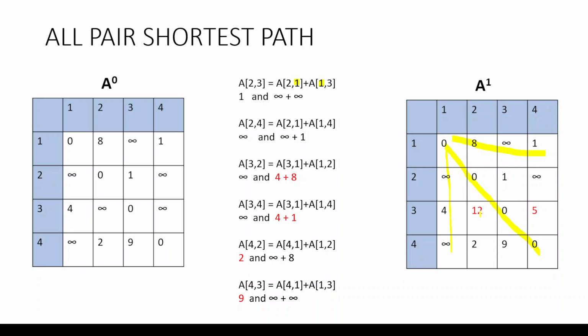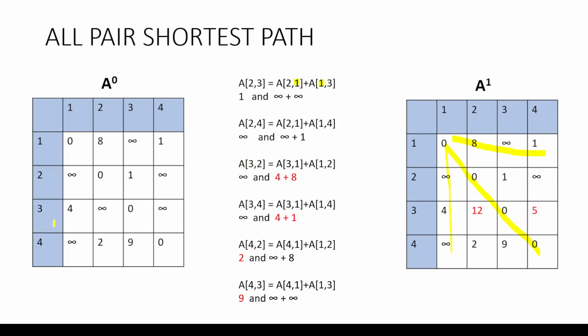Now we'll go to this case, that is A of 3 comma 2. What do I need to check? I need to check if there exists a path if I add an intermediate node 1 between 3 and 2. When I add an intermediate node 1 between 3 and 2, what do I get? 3 to 1 and 1 to 2. So A of 3 comma 2 can be represented as A of 3 comma 1 plus A of 1 comma 2. Now I am checking if there is a path.